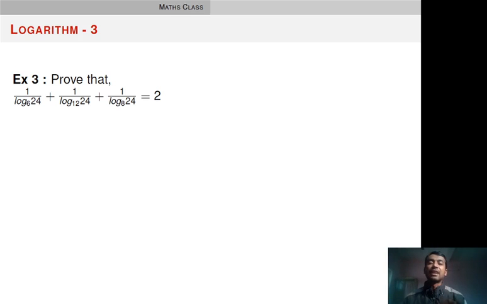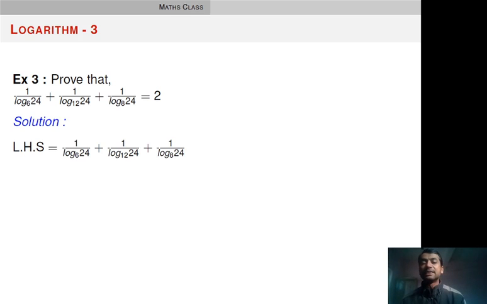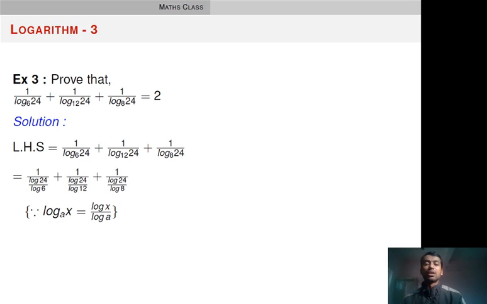If bases are different, definitely you should go for change of base formula. So our left hand side is this, and we'll use change of base formula. It means we can write log 24 by log 6, log 24 by log 12, log 24 by log 8.